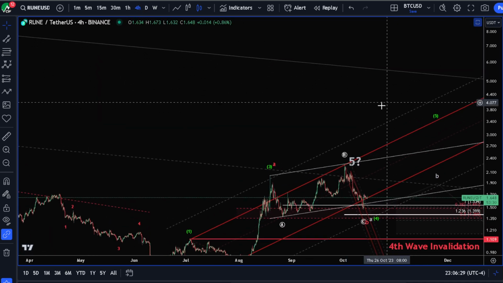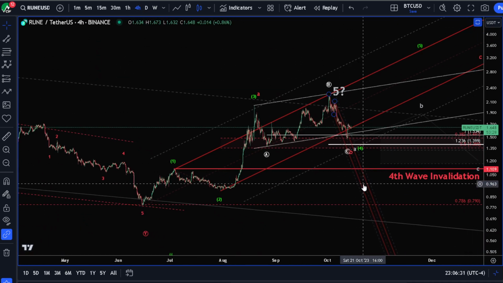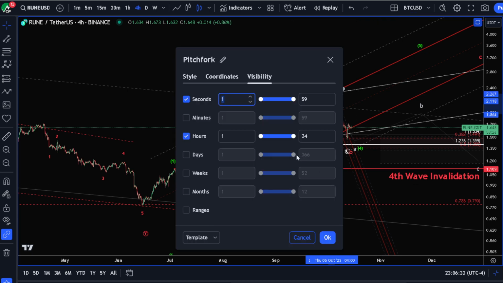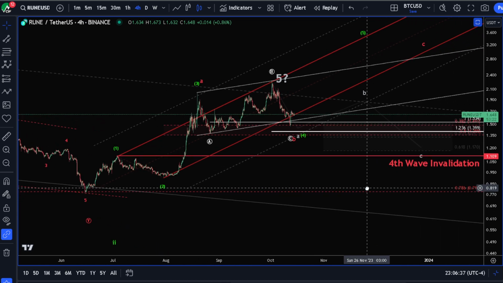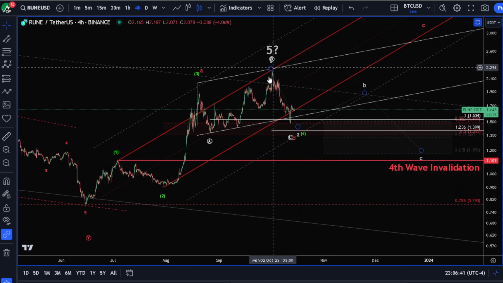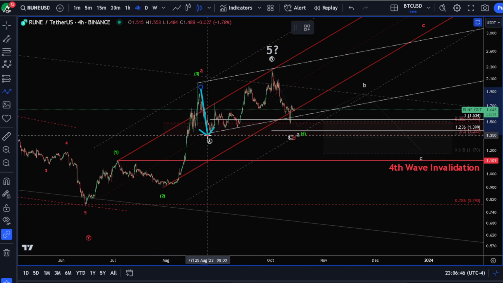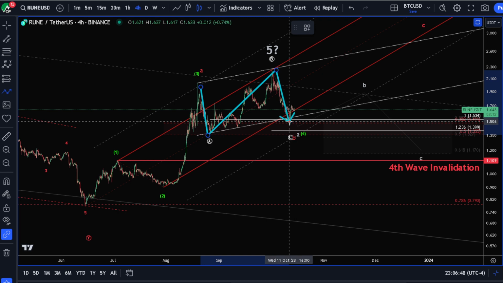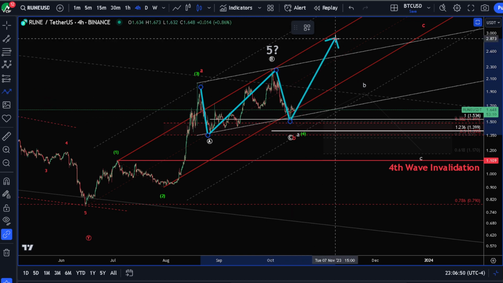Going down to the smaller time frames, I can get rid of this. This is kind of in the way here. This was the question. Do we have 5 waves up here, or is this actually a flat complete, as we have 5 waves down here as a C potentially, and we're looking for new highs for a 5th?